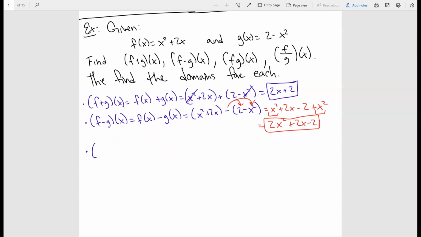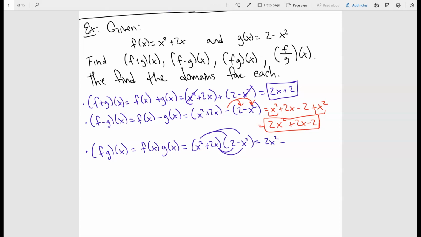Okay, so now what we're going to do is find what f times g of x is. That's just the multiplication of both of these two functions together. So you're going to have x squared plus 2x multiplied by 2 minus x squared. Okay, so let's FOIL this thing out. So this is going to give me 2x squared minus x to the 4th power plus 4x, and then minus 2x cubed.